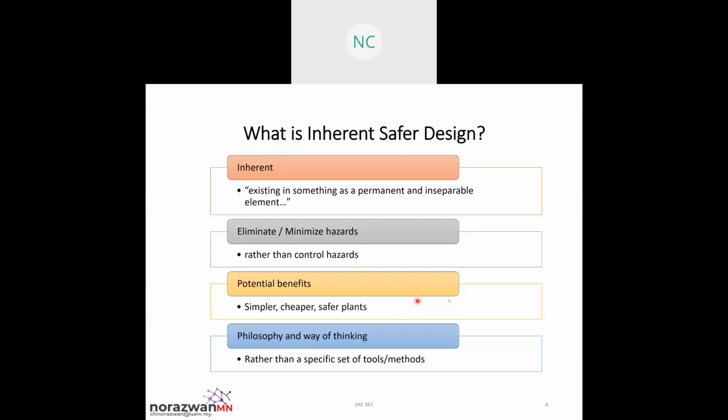However, along with this lecture, you will know there are some give and takes in ISD implementation. ISD is actually a philosophy, a way of thinking. It's just a tool that helps you in design, in determining how you develop your plant design. So it's just a way of thinking.